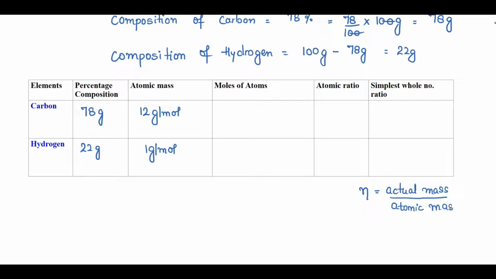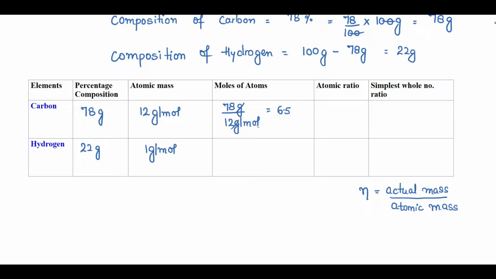Now I'll put the values in the formula. So the number of moles of carbon will be the actual mass, that is 78 gram, divided by the atomic mass 12 gram per mole. I'll cancel gram with gram. So 78 divided by 12, it will be 6.5.